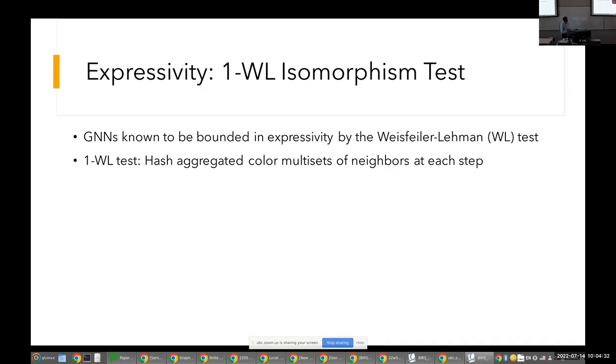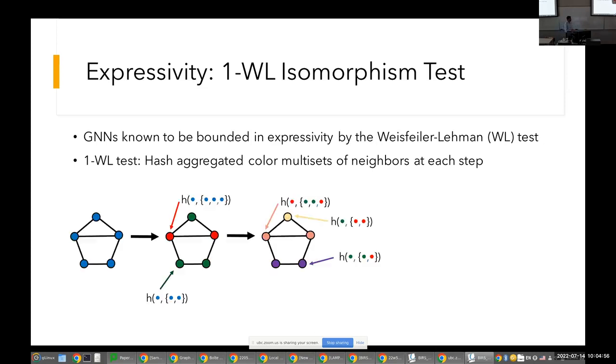The essential test assigns colors or values to each of the nodes in the graph. In each step, it takes the aggregated multi-set of colors of the neighbors and hashes them down. You keep repeating this procedure, and the idea is that at the end, if two graphs are non-isomorphic, hopefully they'll have different sets of colors. To illustrate this, start with this graph on the left, where I assign all nodes the blue color.